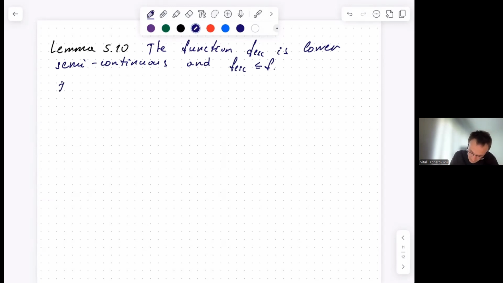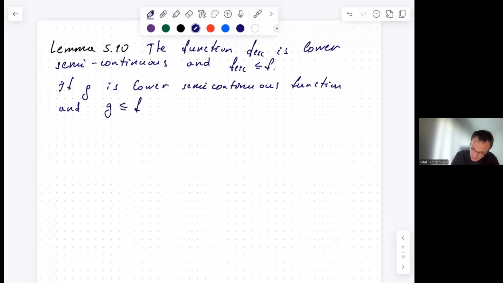If g is another lower semi-continuous function and satisfies that it is smaller or equal than f, so once again, this function is lower semi-continuous and it satisfies that property.